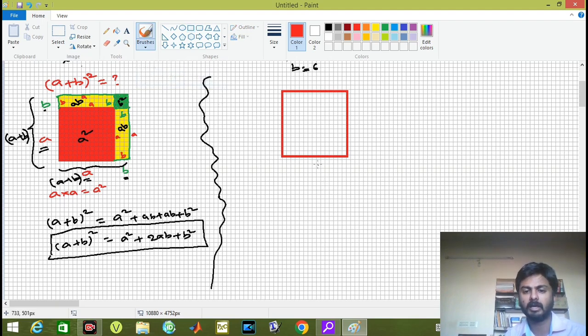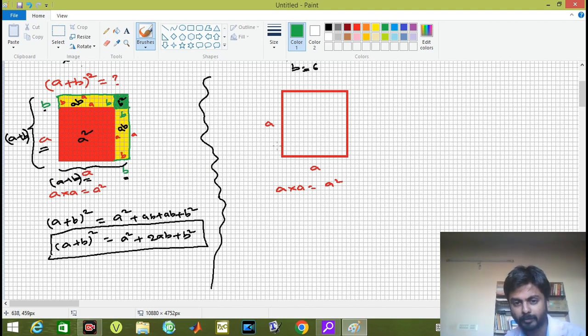So we know that A into A equal to a square will be its area. But I don't want to calculate the area of this figure. I want to reduce its size to some dimension. So I am only taking a small box.